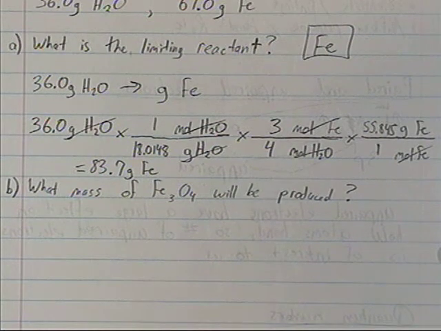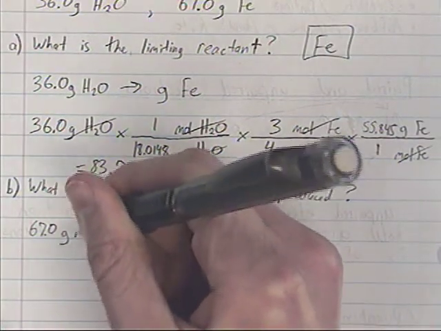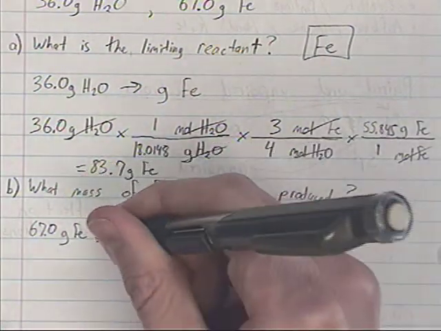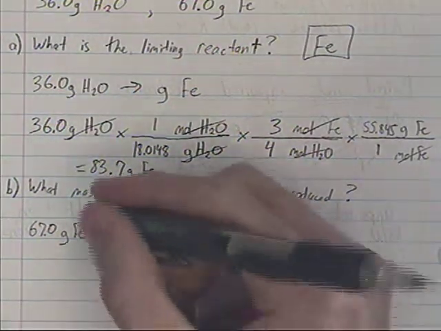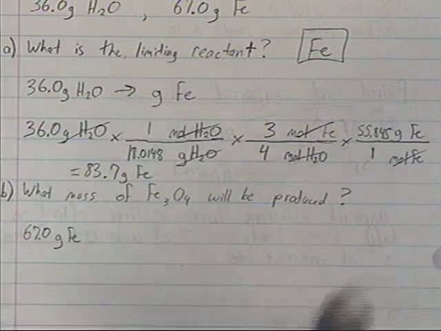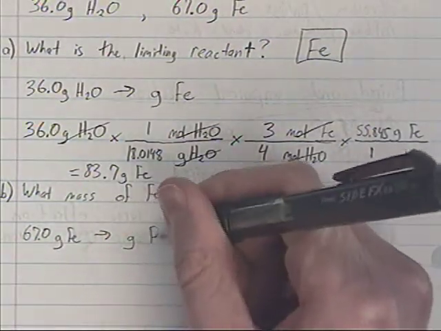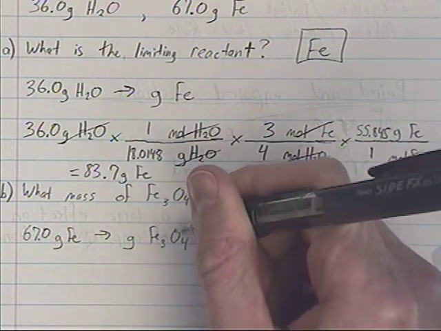So that was 67.0 grams of iron. And again, we want to do the stoichiometry for this to get to how many grams of Fe3O4 are going to be produced.